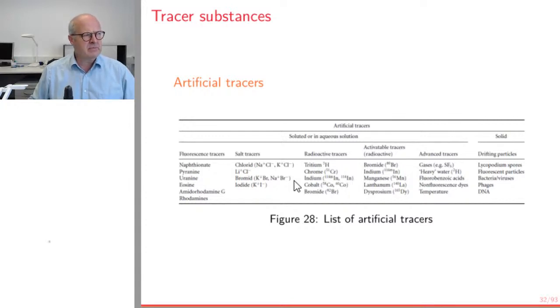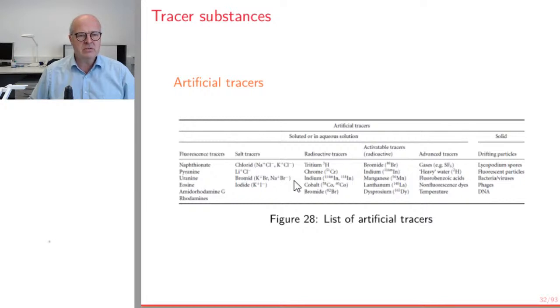So if you send a permit to people who are not so well educated in terms of tracer hydrology, I would always use the technical term natrium fluorescein, because natrium fluorescein is much more innocent and doesn't evoke this association with uranium. Eosine from Eos, sun, is a bright tracer, is quite similar to uranine.